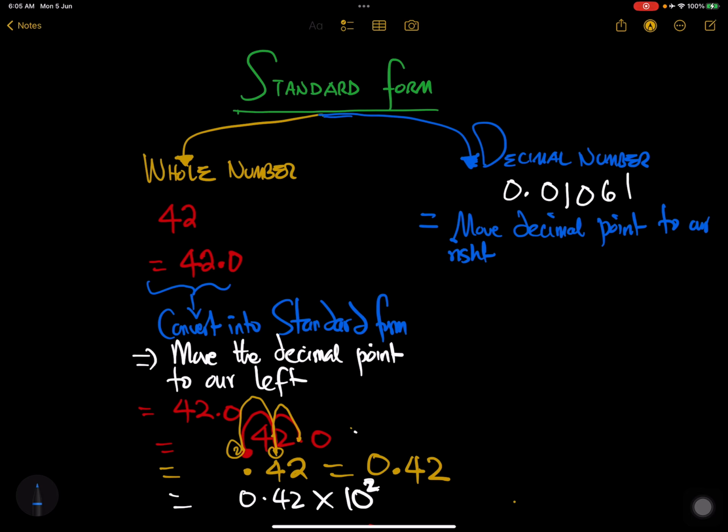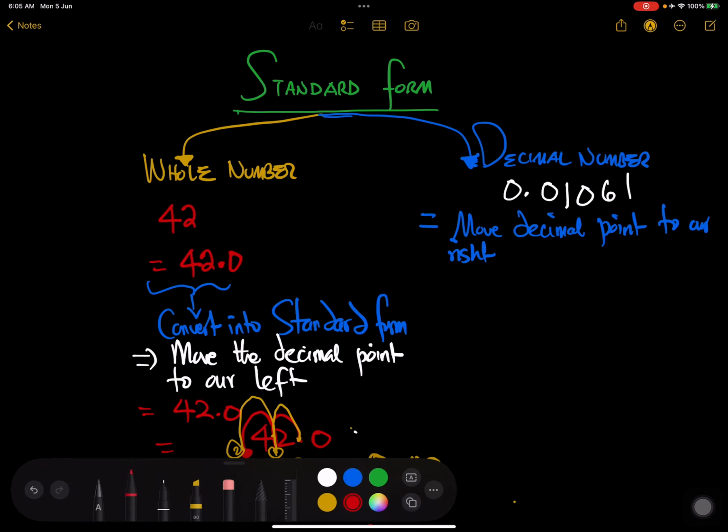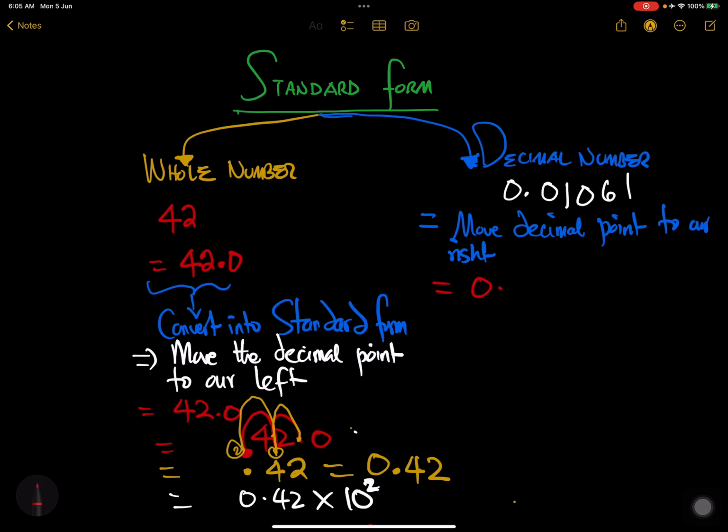How do we move the decimal point to our right? We take 0.01061 and move it to our right, going 1, 2, 3, 4.